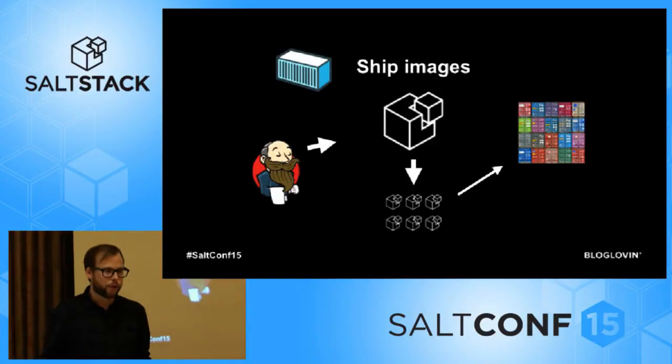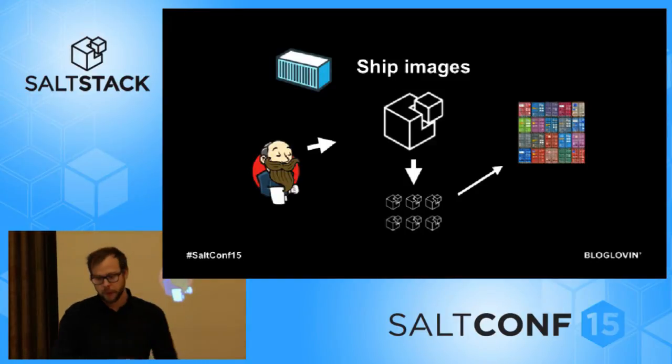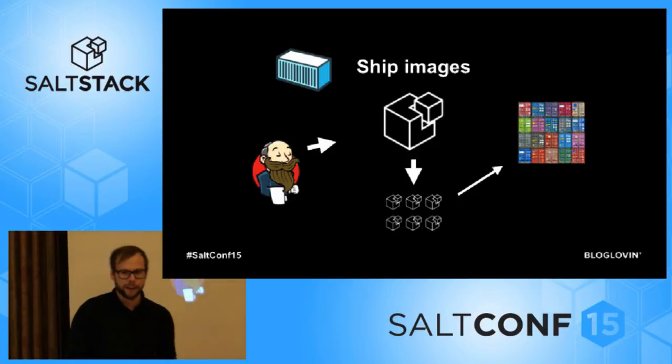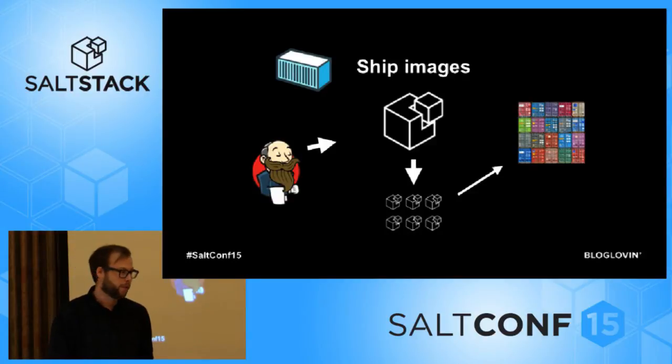And then, of course, you've got to get those containers off. We're not using Docker Hub, as it's terribly slow if you're in Sweden, and if you're at AWS in Europe too. So we are pushing from Jenkins. Wait, this is actually the wrong slide.